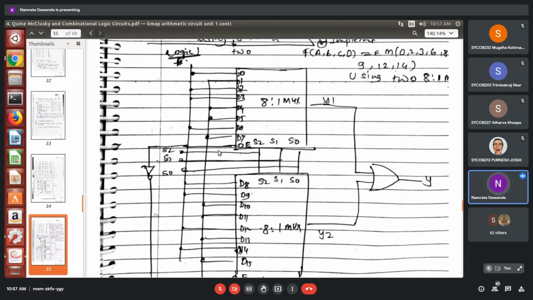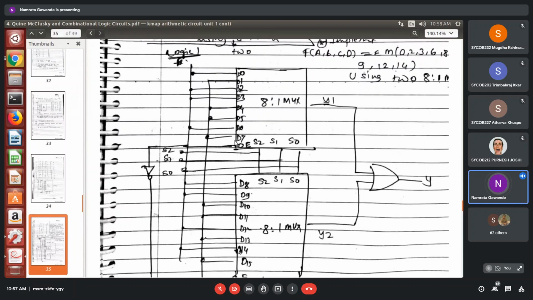Now to make this IC active, we need to make the enable 1, right? We know what the use of enable is. Enable is just to make the multiplexer IC active, right? So for that, it should be connected to 1. Okay, if E equal to 0, the mux IC will not work, it gives the output as 0.